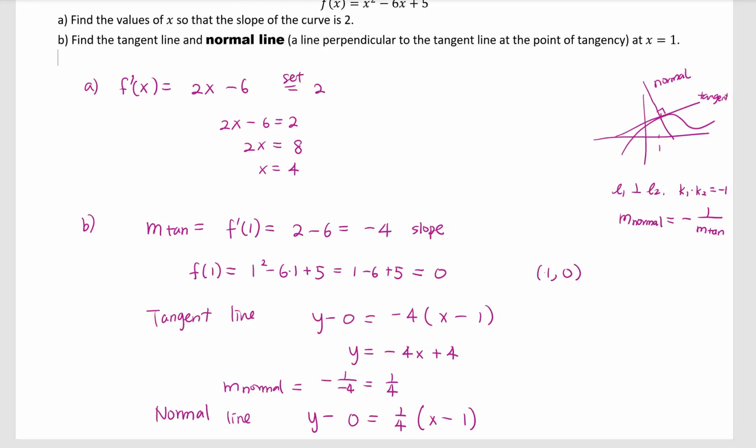Then you get the y coordinate of the point on the graph. Then use the point-slope form to find the tangent line. The m normal is the negative reciprocal of the m tangent.